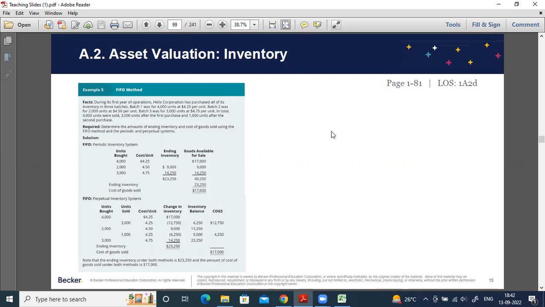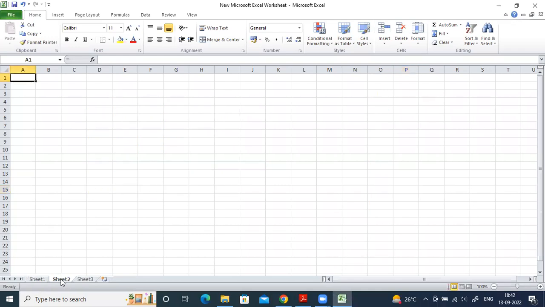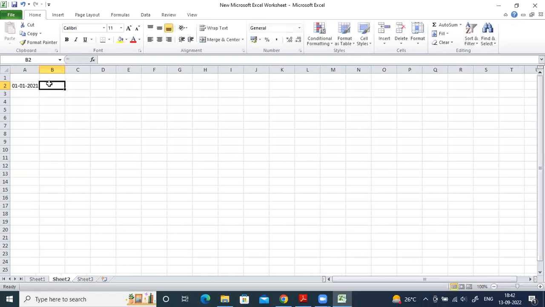Has anyone heard about this first in, first out method, or is it the first time? Okay. I hope everyone can see my Excel sheet. So on 1st January 2021, 1000 units are purchased at the rate of 10 per unit.